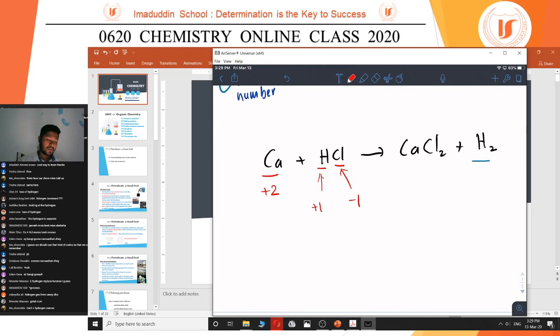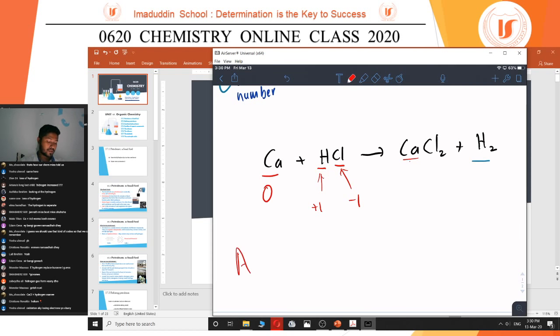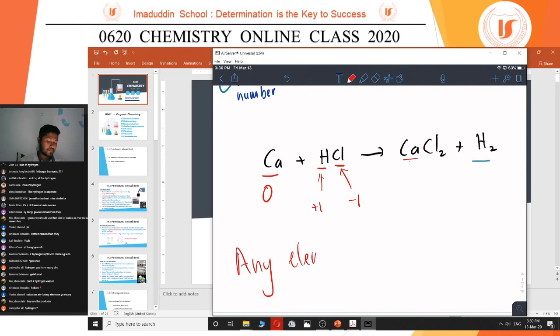Okay, this one again. Now here I made a mistake. For the calcium element, it cannot be +2. Any element, whether it is monoatomic or diatomic, will have an oxidation number of 0.